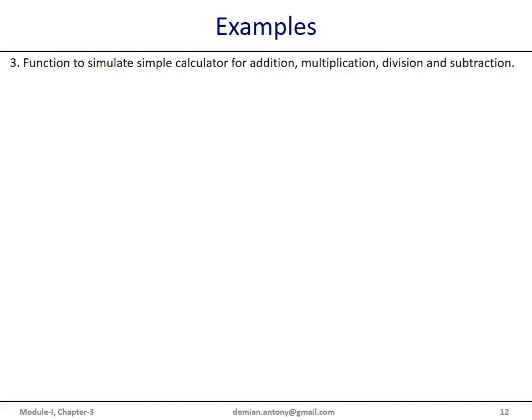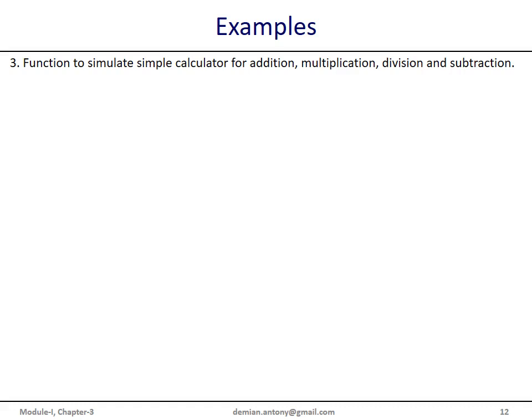And we use if else structure, if structure to check the operator, whether it is plus, minus, division operator, or star multiplication. And based on the operator, we will return the value. In case of addition, plus, we add and return, and similarly for subtraction and other operators.